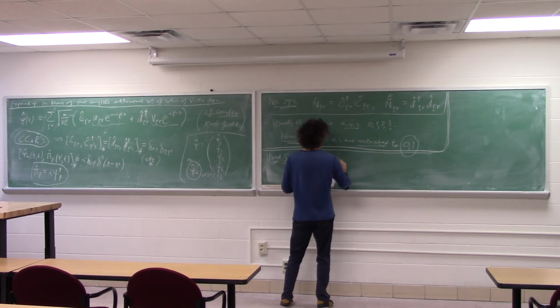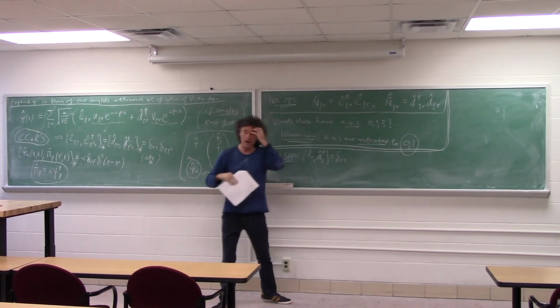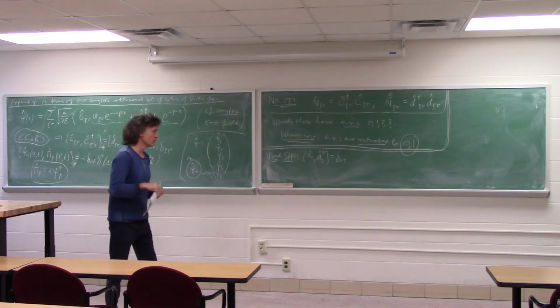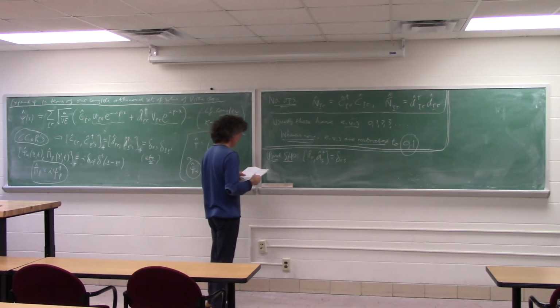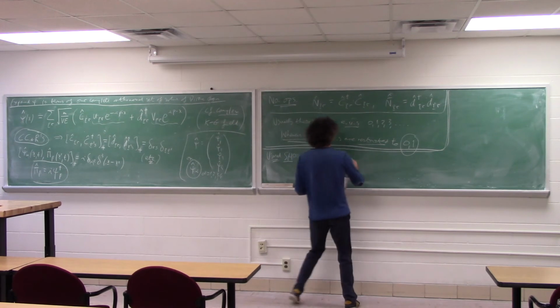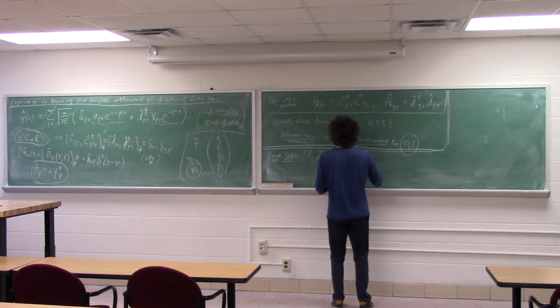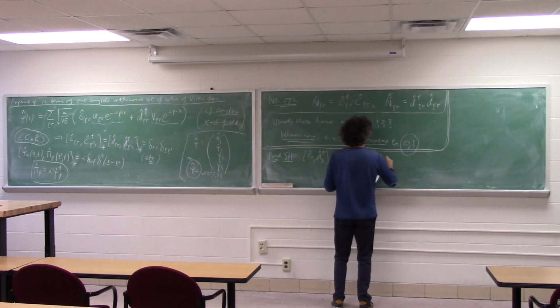So think about your usual harmonic oscillator commutation relation for a and a dagger, where you define a number operator to be a dagger a.